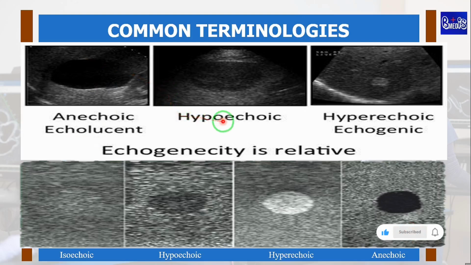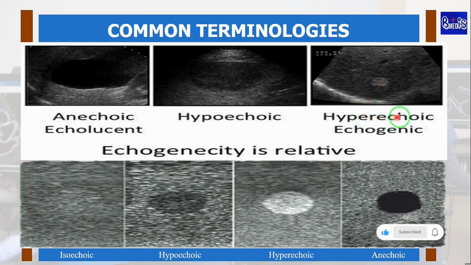Then we have hypoechoic. Hypoechoic is when the tissue compared to the surrounding is lacking echo, that is, less echogenic than the boundaries. So you can see this one looking blacker, or darker, than this surrounding tissue.